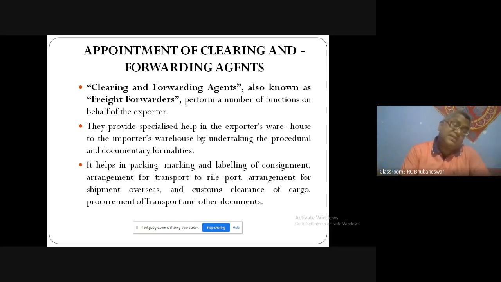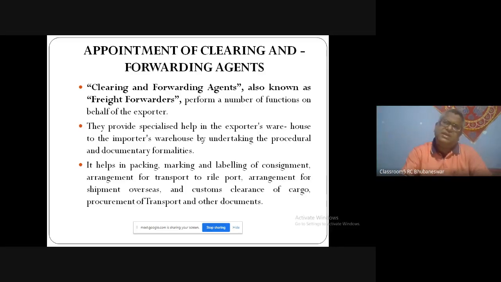I have already stated in my previous lectures that a clearing or forwarding agent is required. That is called a freight forwarder, or you may say an exporter. Some books call it a third party agent exporter.